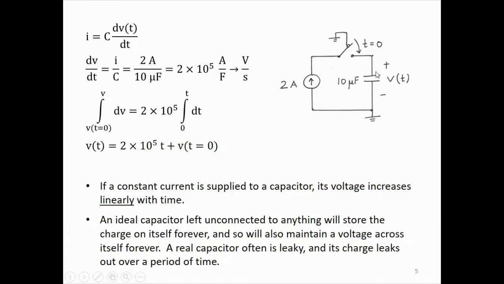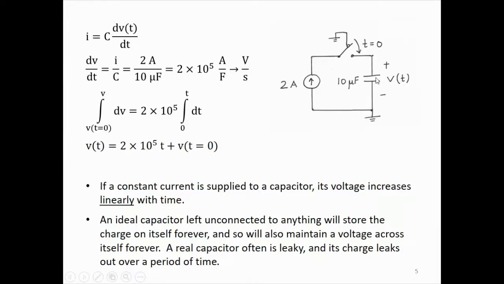Once a voltage is put on a capacitor, and if that capacitor is open circuited, that means there is no closed circuit, only one terminal is connected to ground, the other terminal is open, nothing is connected to it, then that capacitor will hold whatever voltage was on it forever. That is a property of an ideal capacitor. Real capacitors are often leaky. There is always some leakage path.